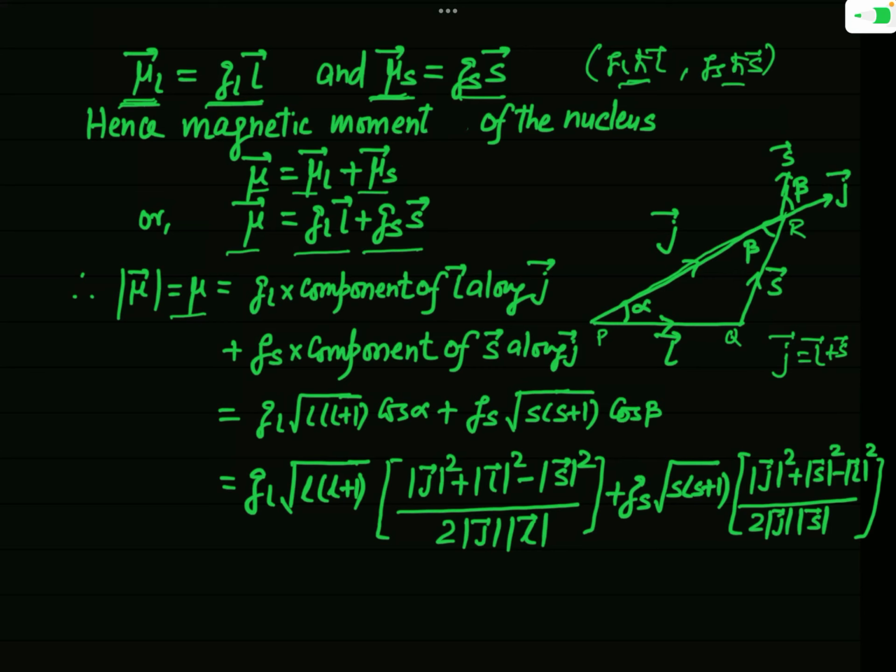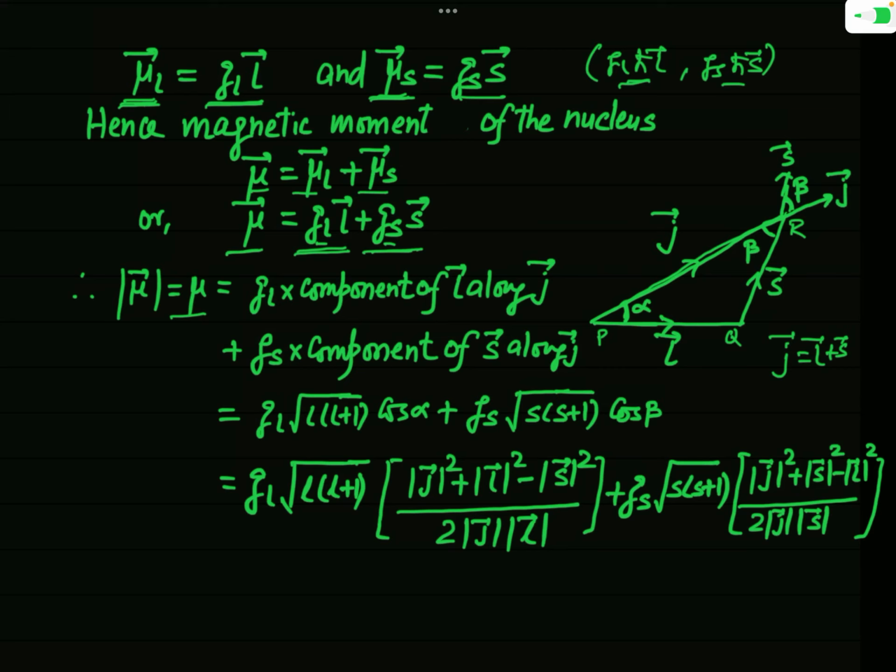Now suppose the angle between vector L and vector J is alpha, and the angle between vector S and vector J is beta. So this angle will be beta and this angle is alpha. Now since you know that mu is equal to GL times L plus GS times S, GL and GS are simply numbers, that is scalars. So if you want to find the magnitude of mu, you may follow a simple technique.